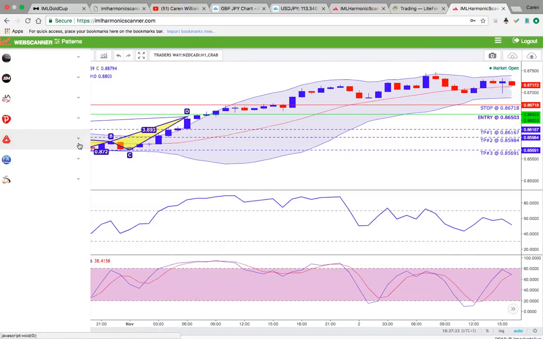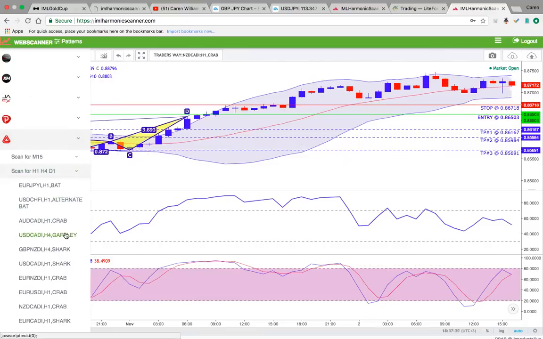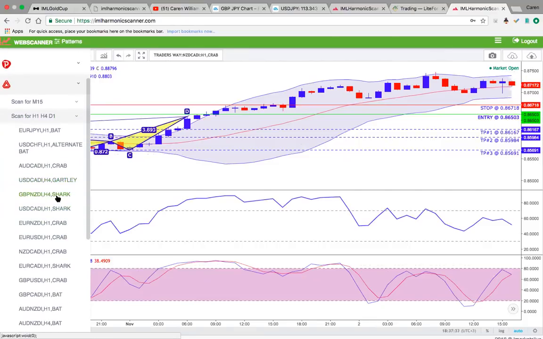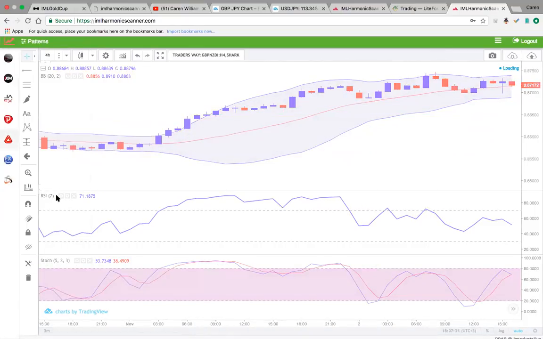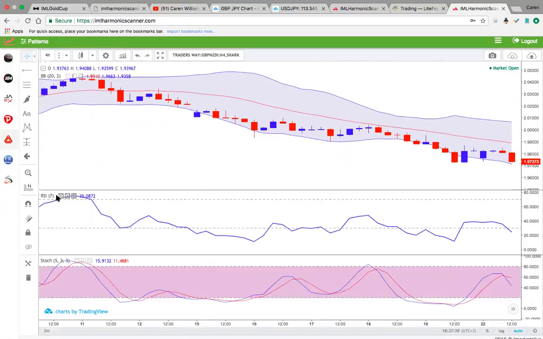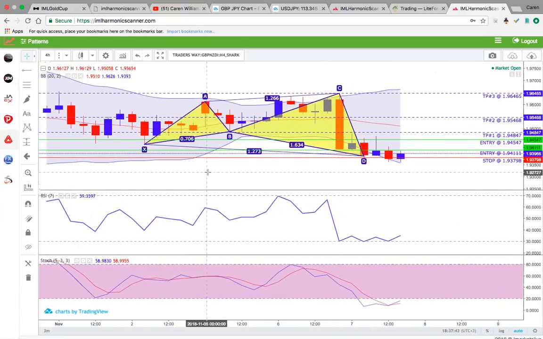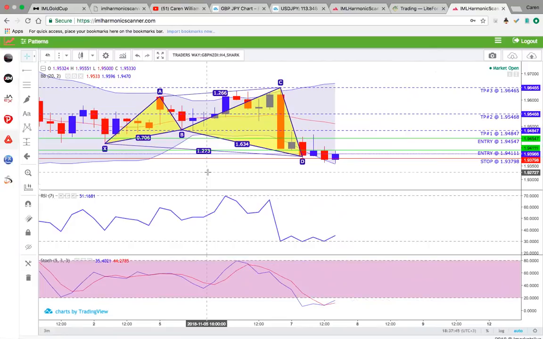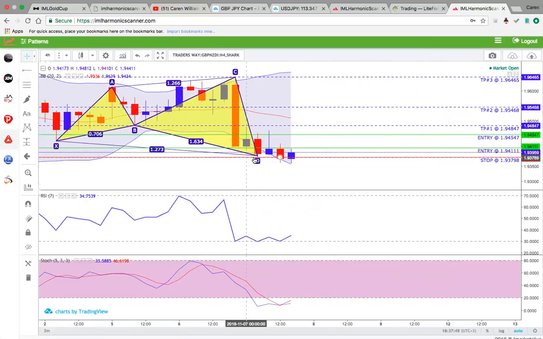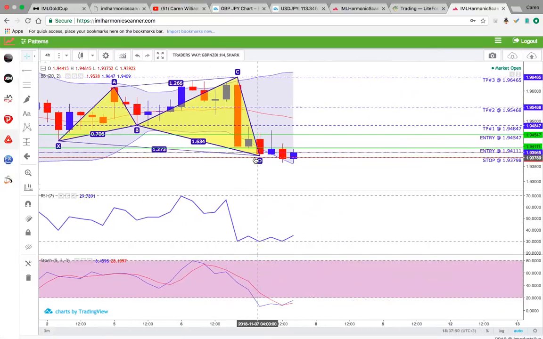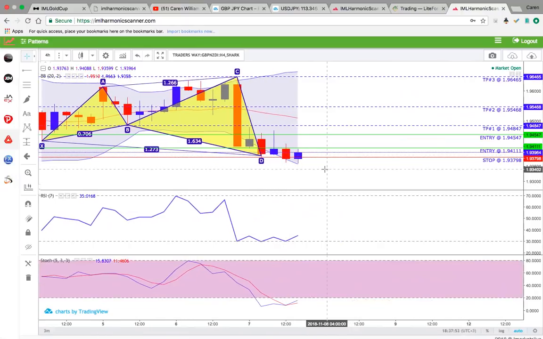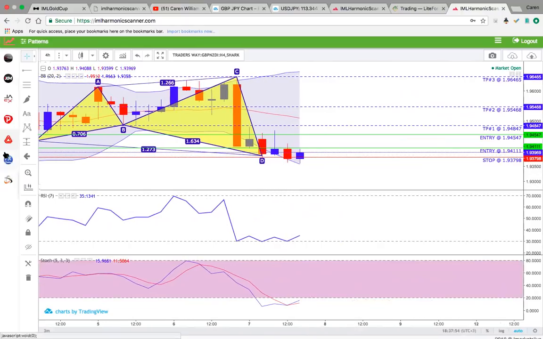Good. So let's continue and look for another trade. All right, so this is GBP and ZE.